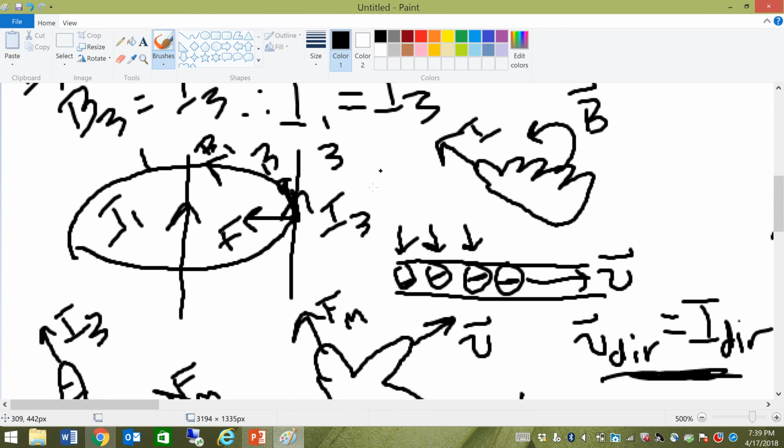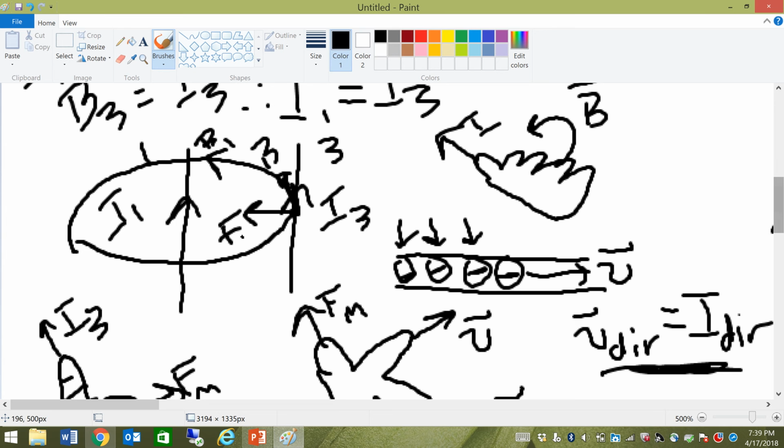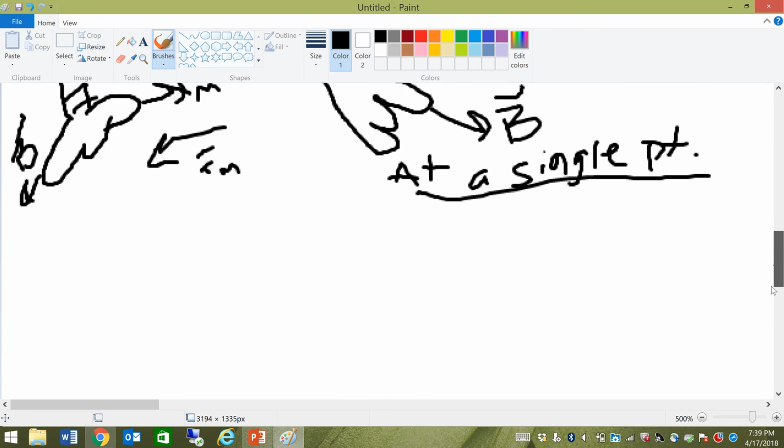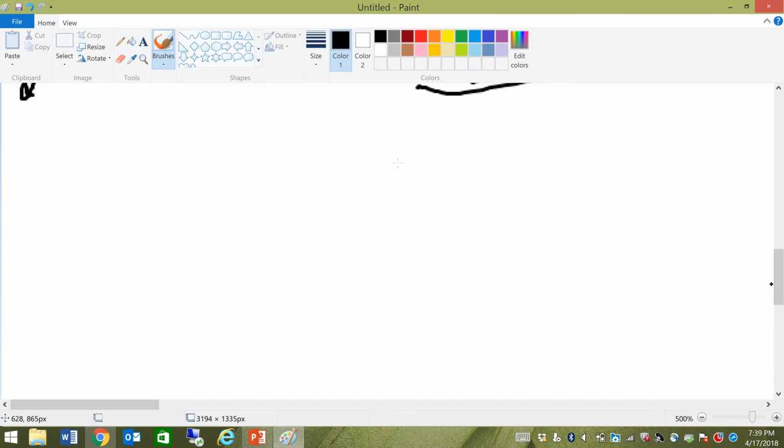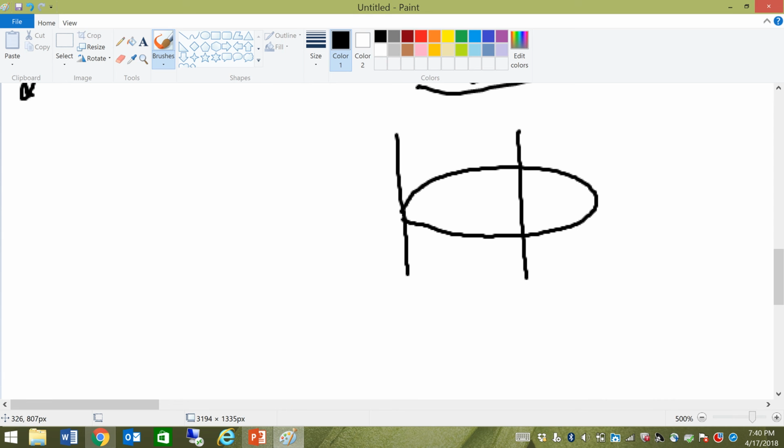And now we're going to look at I1. Let's do that. I'm going to redraw the diagram at a lower point. And now we're going to be looking at the magnetic field generated by I3, sorry, not I1.